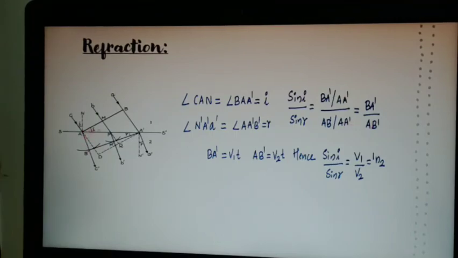It is very clear from the diagram. Opposite side by hypotenuse. So sin I by sin R will become BA dash divided by AB dash.